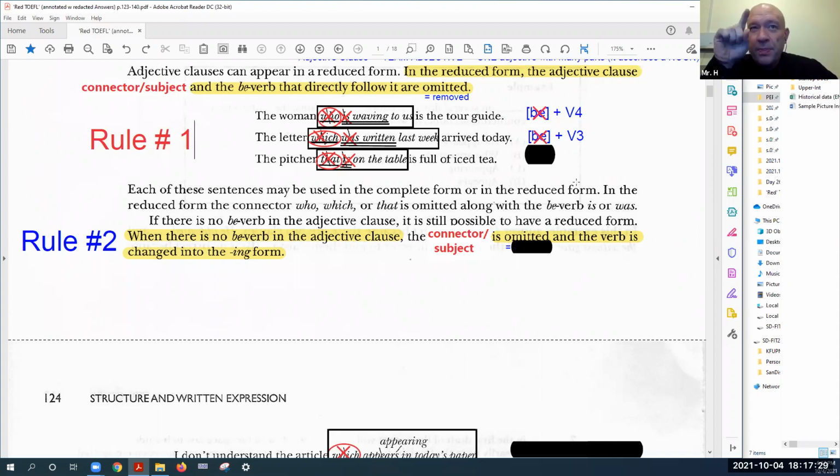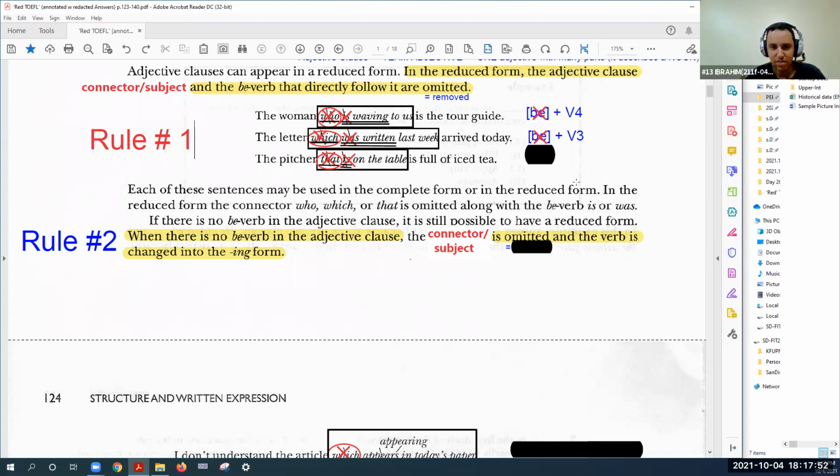In the first example, the woman waving to us. Who is doing the action? The woman. Right. So we need verb 4. What about in the second example? Written last week.